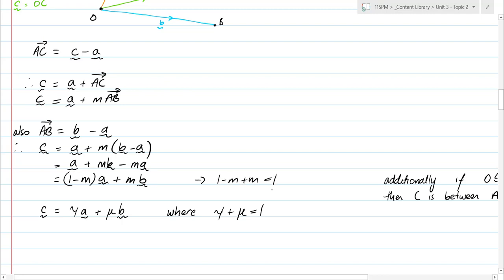So lambda and mu are complements; they add to give 1. And C is that point along there.